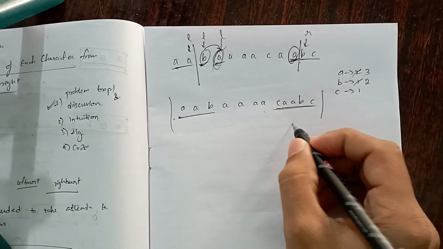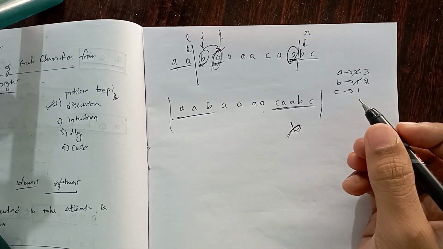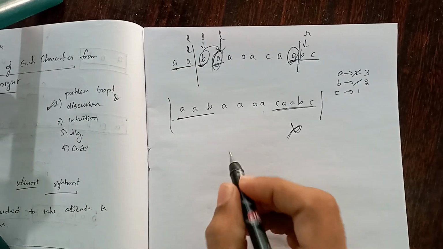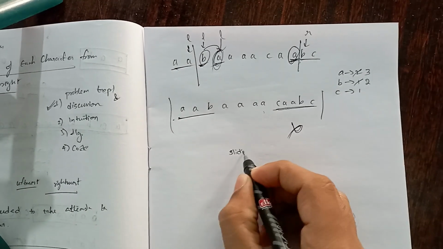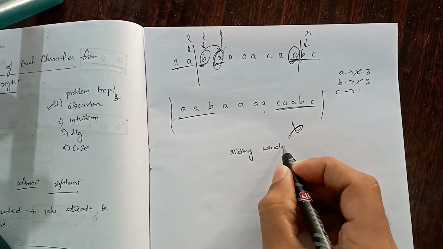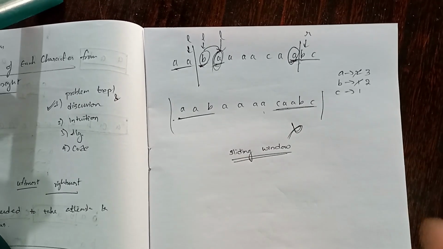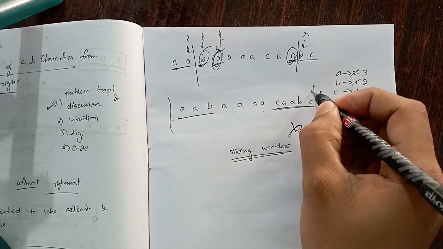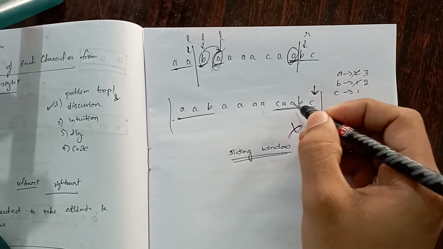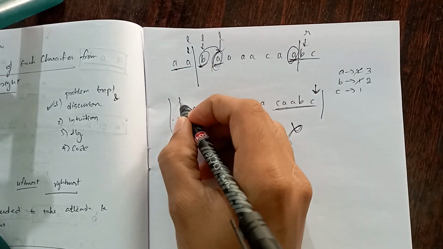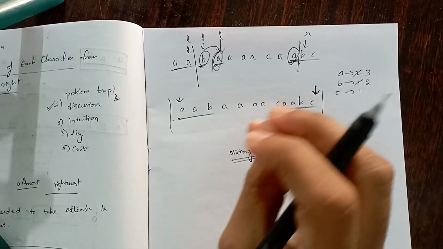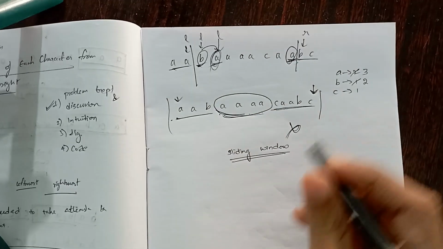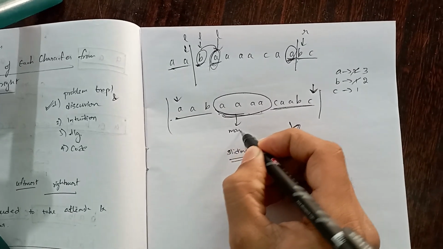That means this approach, with a left and right pointer, will not be suited for this problem, but it is actually a sliding window approach with the same left and right. But instead of initializing right with n minus 1 and left with 0, let us consider finding this substring which is having the maximum size.